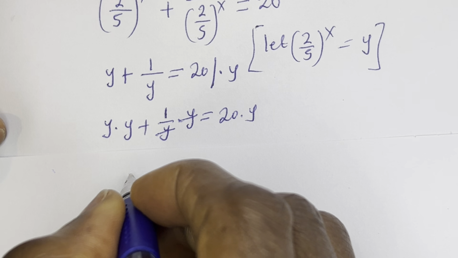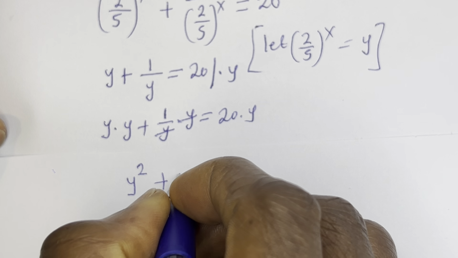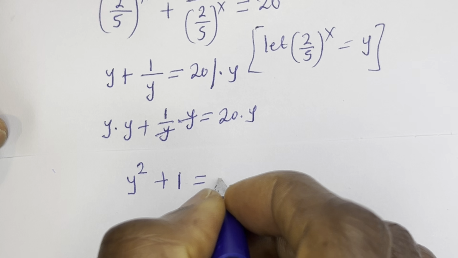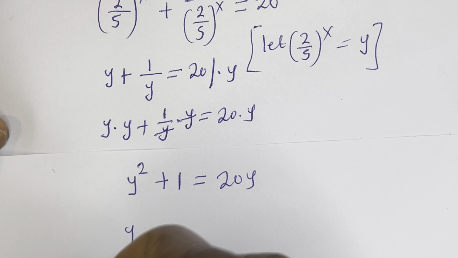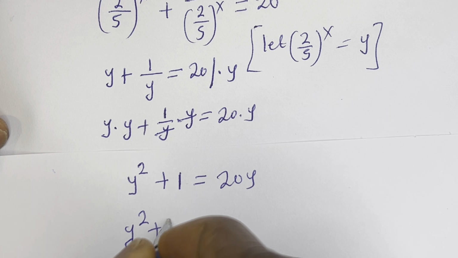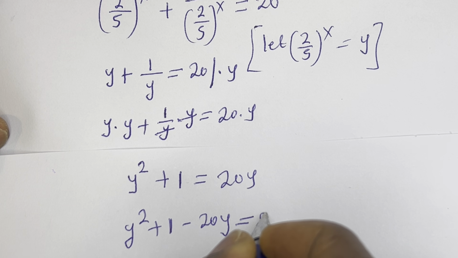Then we have y times y. This is y squared plus 1 is equal to 20 times y. That is 20y. Then here we have y squared plus 1 minus 20y is equal to 0.